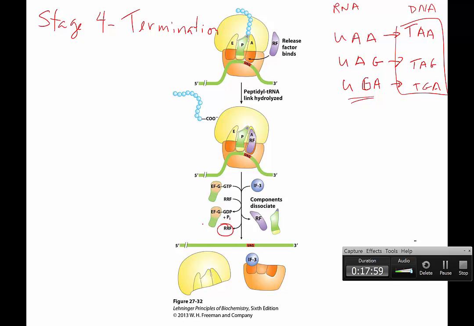We get our release factors, the RFs. The identity of these actually depends on the stop codon. There's 2 of them, and they recognize different stop codons, and I'm not going to go into details on that.